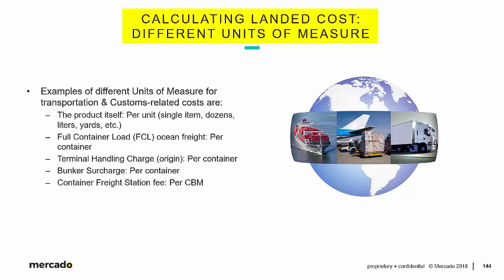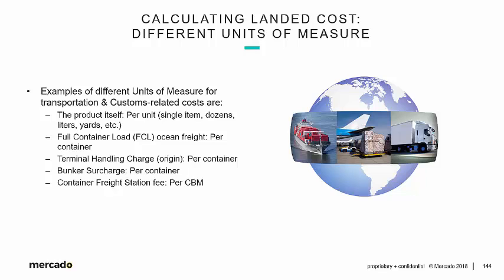Calculated landed cost, different units of measure. Examples of different units of measure for transportation and customs-related costs are, first off, the product itself, typically on a per unit basis, one item, no matter what it is. However, depending on the product, it could be priced in dozens for men's cotton shirts, for example, liters for types of chemicals coming in, or yards for rolls of fabric.